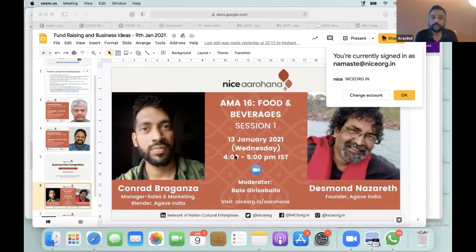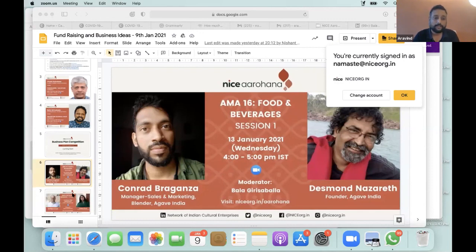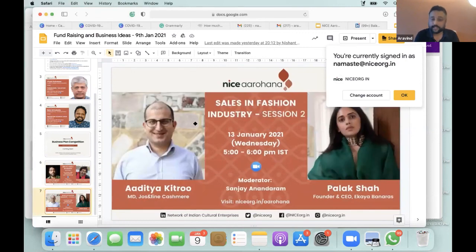This session is going to be moderated by Bala. The second session is going to be on the sales and fashion industry. We'll have Aditya Kitru and Palaksha sharing their insights on how to grow the business in the fashion industry. This session is going to be moderated by Sanjay.